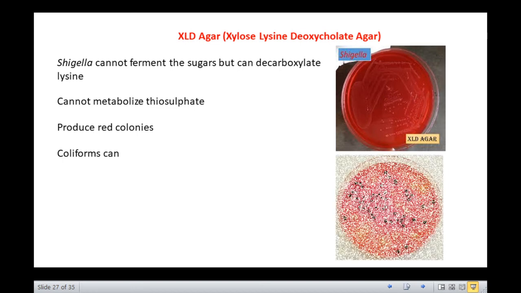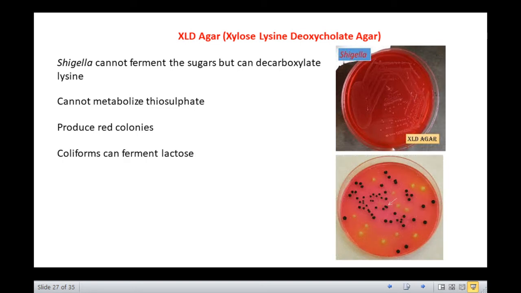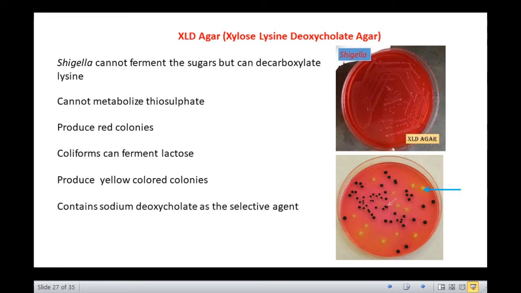Coliforms can ferment lactose, which is in large amounts, and hence the net reaction is acidic and the colonies are yellow colored. Hence, they can be easily differentiated from Salmonella and Shigella colonies. XLD also contains sodium deoxycholate as the selective agent, which does not allow gram-positive bacteria to grow.